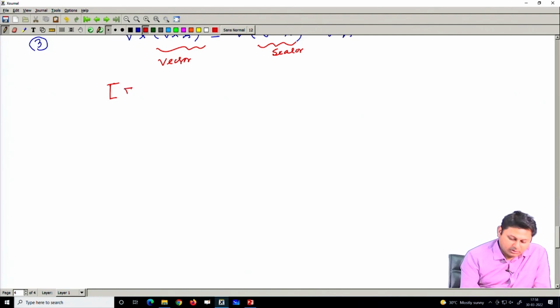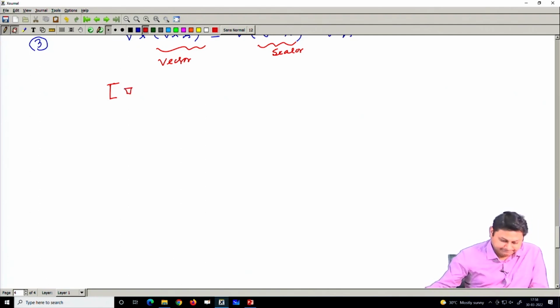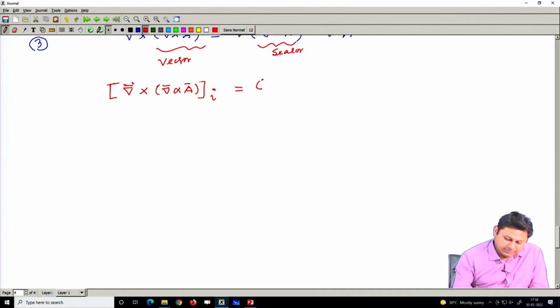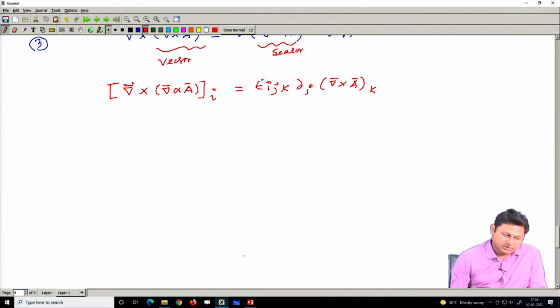So, the ith component of the curl of curl A, if I calculate, should simply be epsilon i j k, then del j, and the kth component of this quantity.